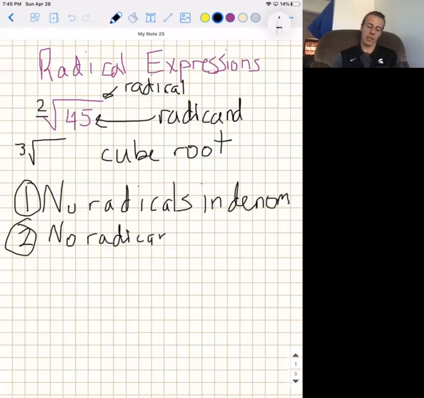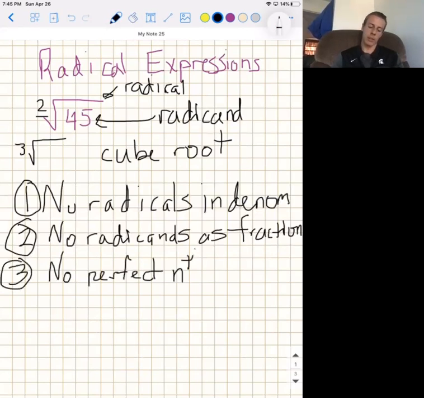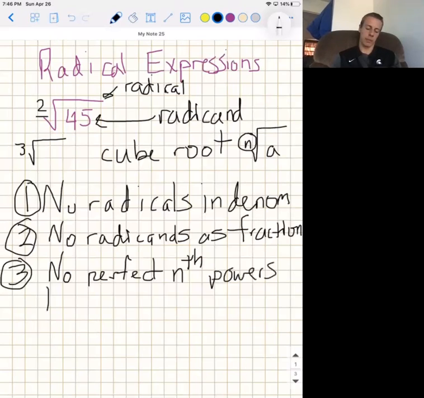And finally, the third one, and this is going to lead us into our discussion today: no perfect nth powers. If we're taking the nth root of some number a, n is just our index, that little number on the shelf. So we want no perfect nth powers left over in the radicand.